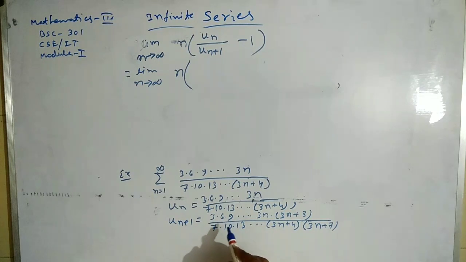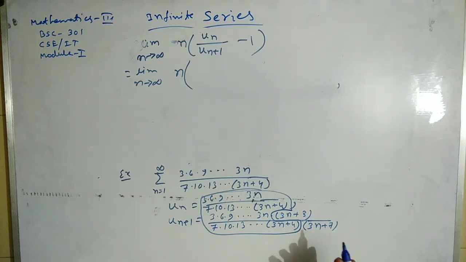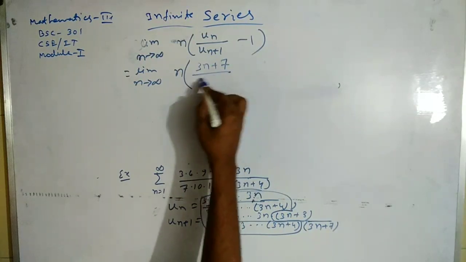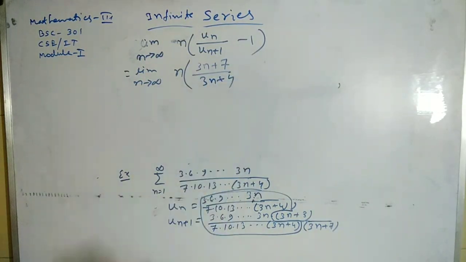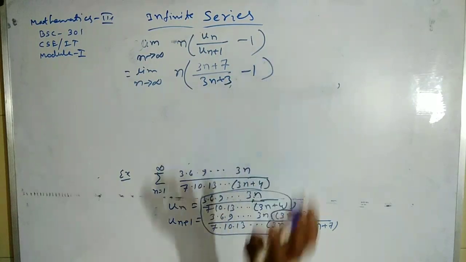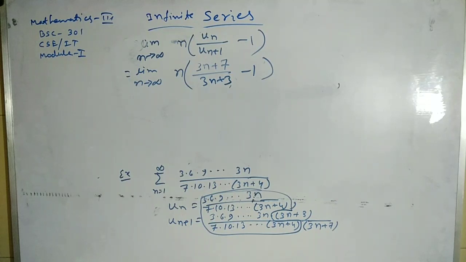If we divide un by un plus 1, this part will be cancelled out. The remaining part will be (3n plus 7 by 3n plus 3) minus 1. So this is after simplifying.